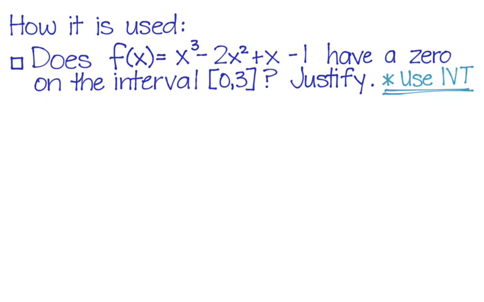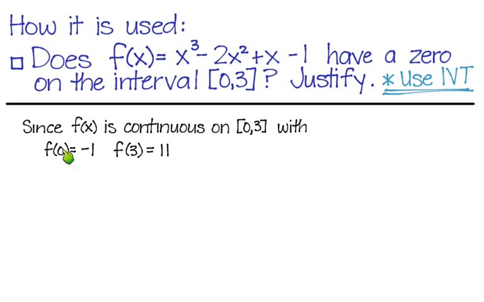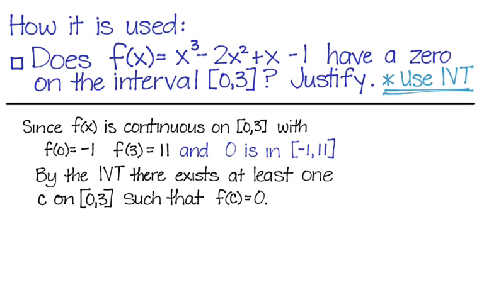So we're going to use the intermediate value theorem. First of all, we have to state, since the function is continuous on this closed interval with an input of 0 and an output of -1, an input of 3 and an output of 11, meaning the 0 that we're interested in is in between the two outputs, -1 and 11, then there must be an input in the closed interval 0 to 3 such that the output is 0.